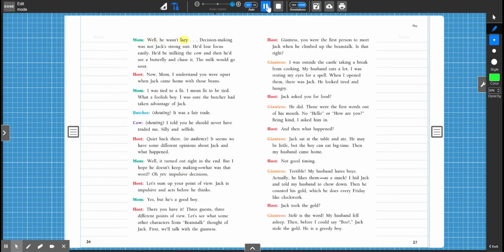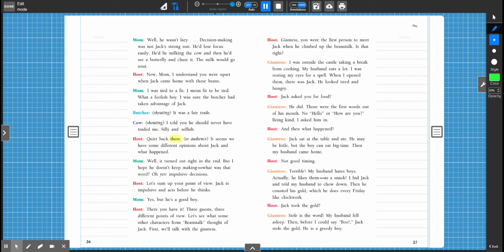Well, he wasn't lazy. Decision-making was not Jack's strong suit. He'd lose focus easily. He'd be milking the cow, and then he'd see a butterfly and chase it. The milk would go sour. Now, Mom, I understand you were upset when Jack came home with those beans. I was tied to a fit. Fit to be tied. What a foolish boy. I was sure the butcher had taken advantage of Jack. It was a fair trade. I told you he should never have traded me. Silly and selfish.